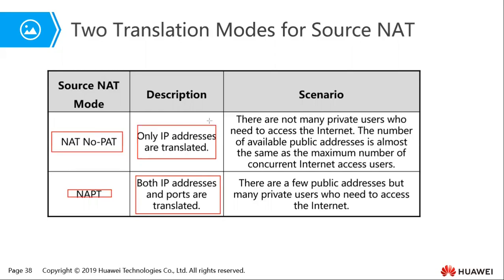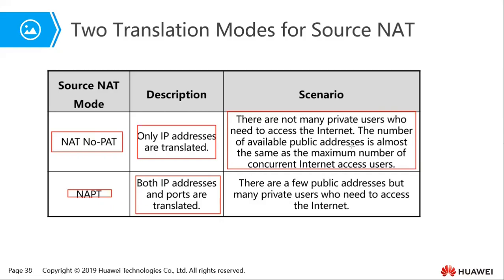This kind of NATing does not conserve public IP addresses to a great extent, because it relies on the fact that not all internal users will want to access the internet at the same time.